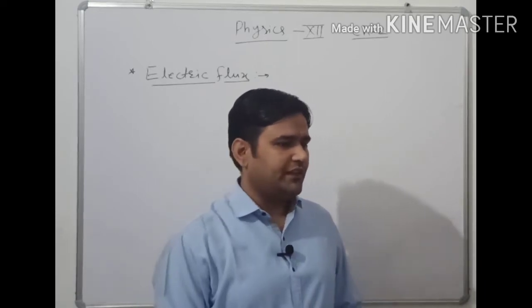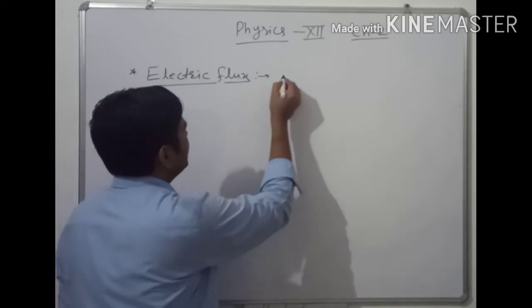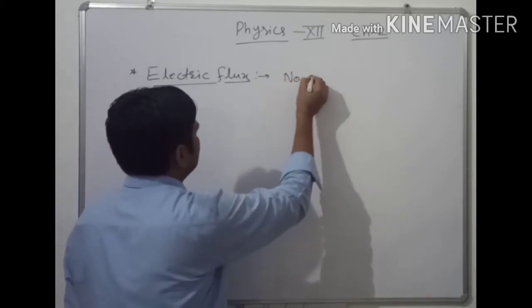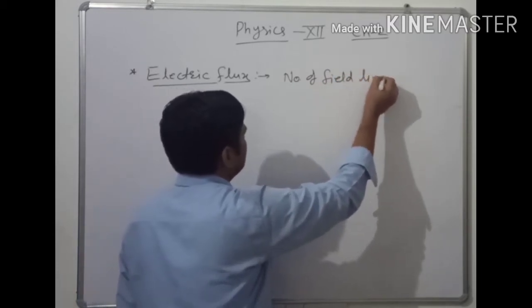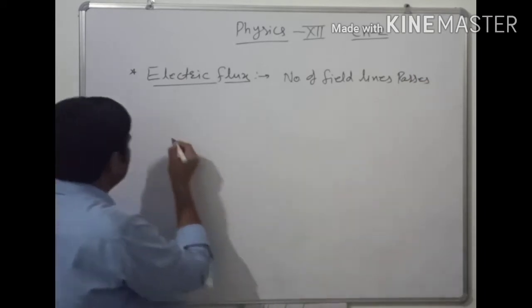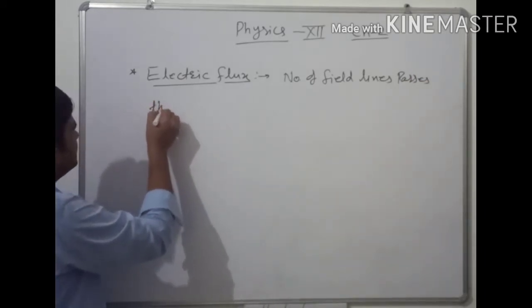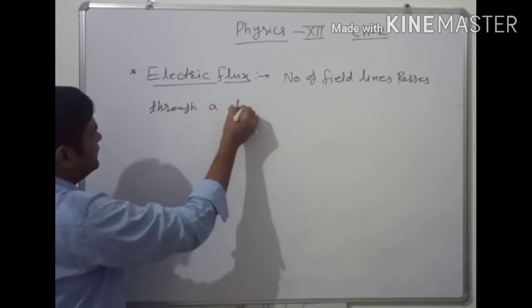Okay, we are started with the electric flux. It is to be the counting of the number of field lines passes through a closed surface.